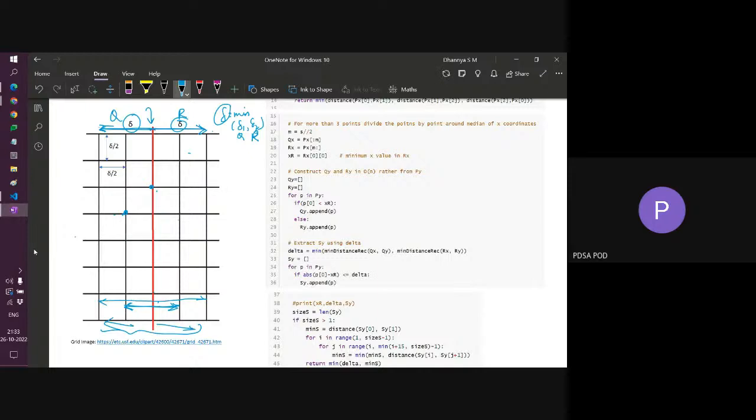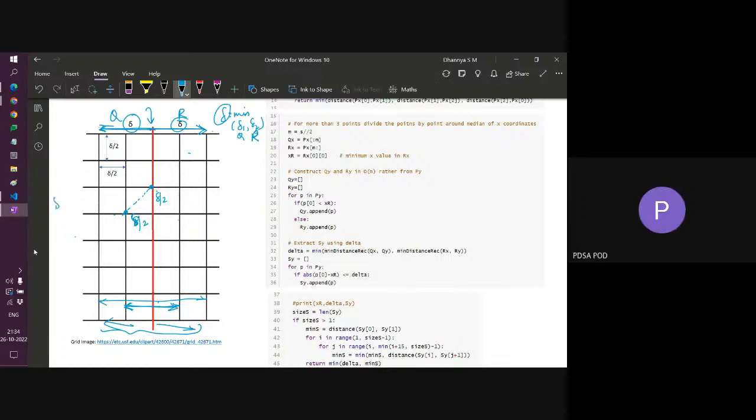From whatever we have concluded and assumed so far, is it possible to have 2 points like this? Not possible. Why? So what is the distance between these points? See, this is delta by 2. This is delta by 2. Is this clear?